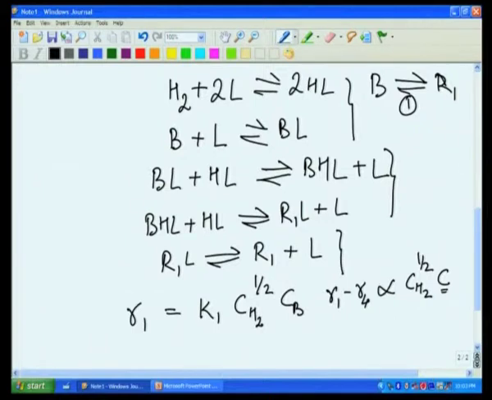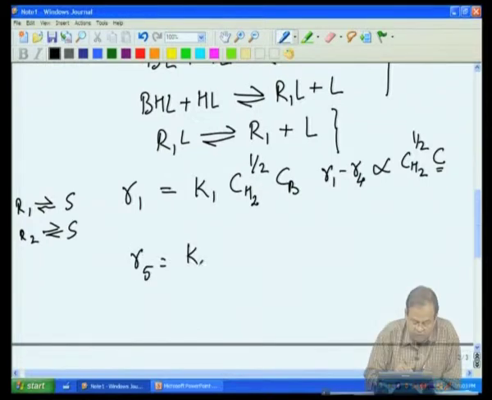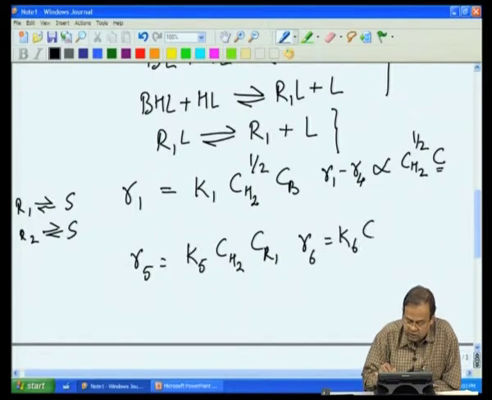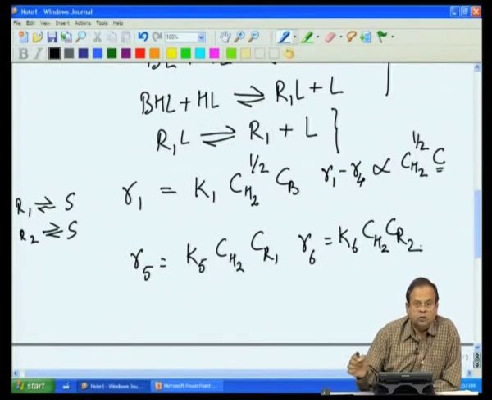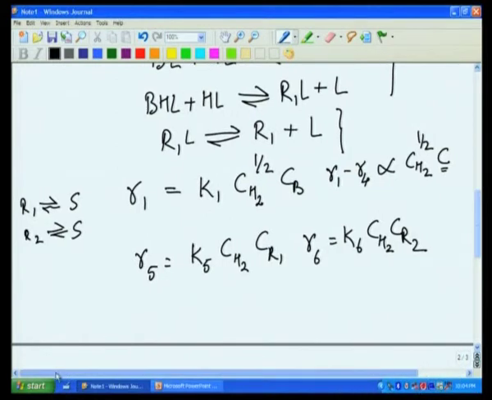So, if you consider reactions 5 and 6, which were namely R1 to S and R2 to S, we will get rate R5, for example, being equal to K5 hydrogen concentration into CR1, and similarly R6 as K6 C hydrogen into CR2 for these two reactions.